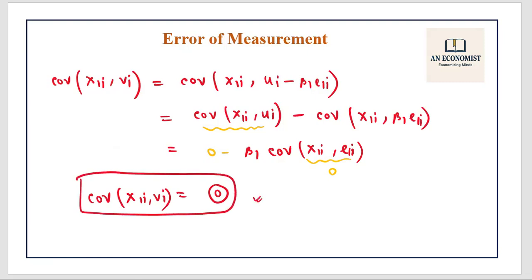So this much is clear: if covariance of x1i, vi is 0, there is no endogeneity problem present. X is still an exogenous variable in the model that we can use for our estimation purposes, right? And also, if this is 0, that also signifies that OLS estimation with x1 produces consistent estimates of beta 1, right? So this consistency property also remains valid if these are our assumptions.